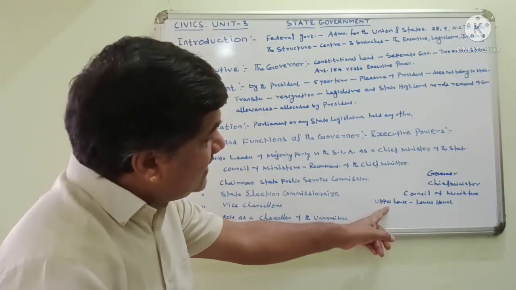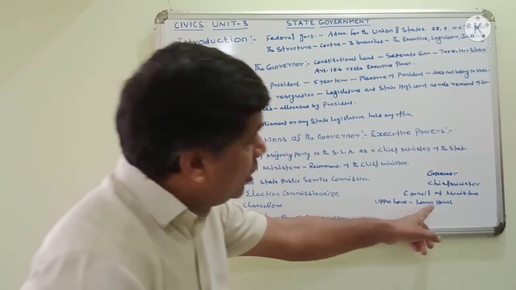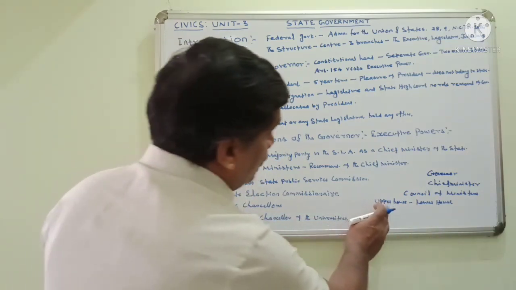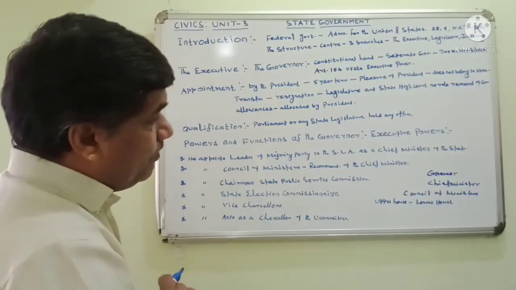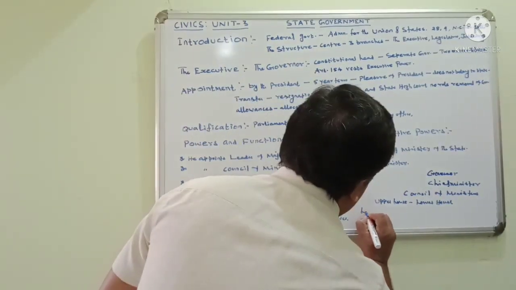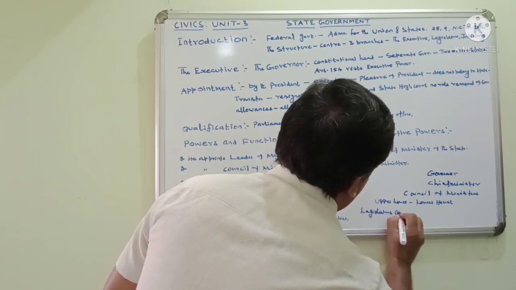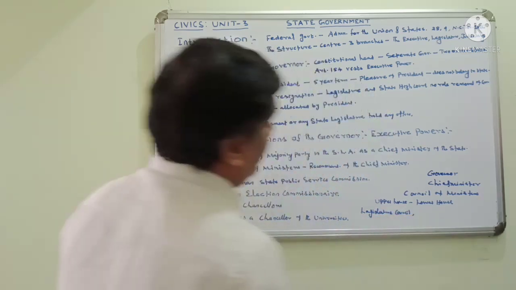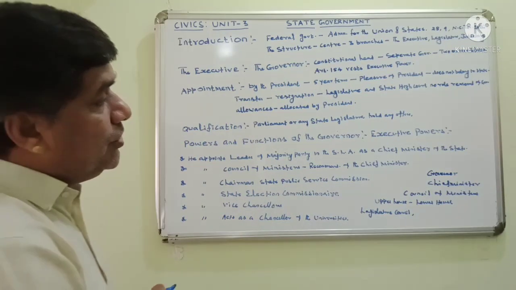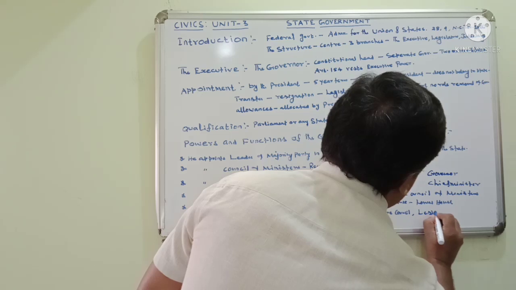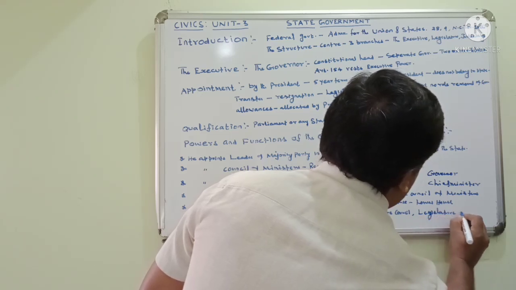At the center, the upper house is known as Rajya Sabha and the lower house as Lok Sabha. In the state, the upper house is otherwise called the Legislative Council, and the lower house is known as the Legislative Assembly.